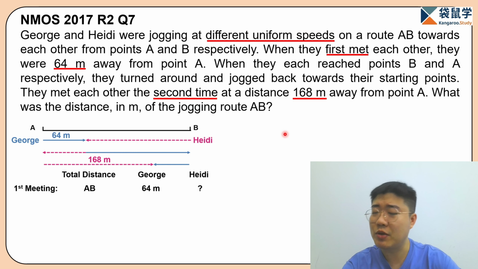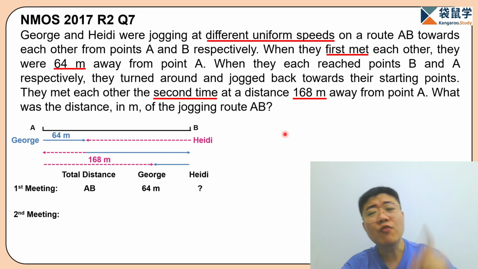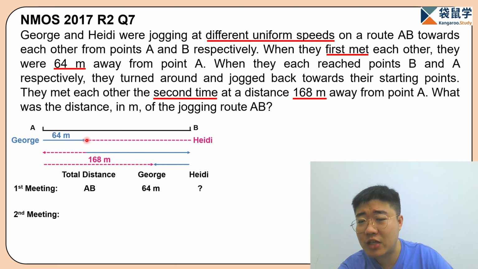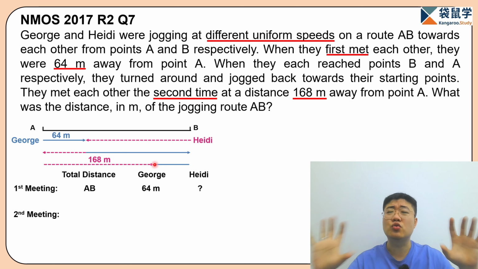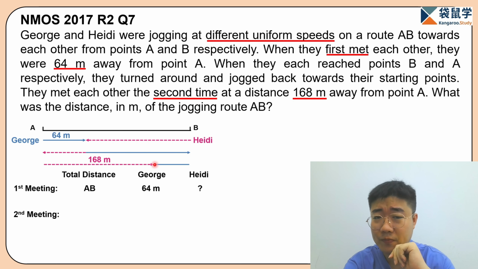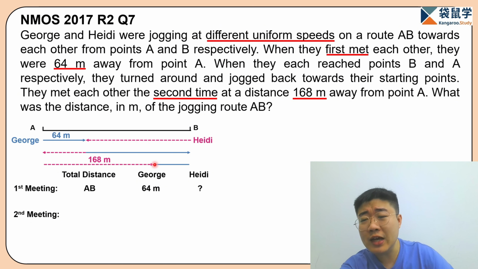So let's talk about the second meeting. Now from the point where they met each other the first time to the point where they met each other the second time, what is the extra distance they have traveled, everyone? And we're going to realize that when they continue to travel, as you can see from the figure, this part is 1 times of AB.